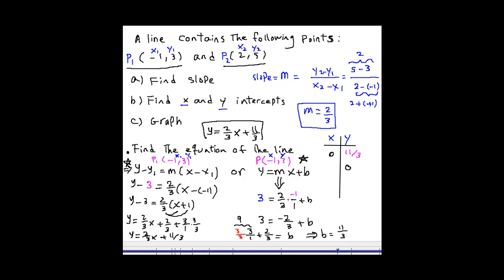Right. So here we get 0 is equal to 2/3 x plus 11 over 3, right? And just simply solve for x.